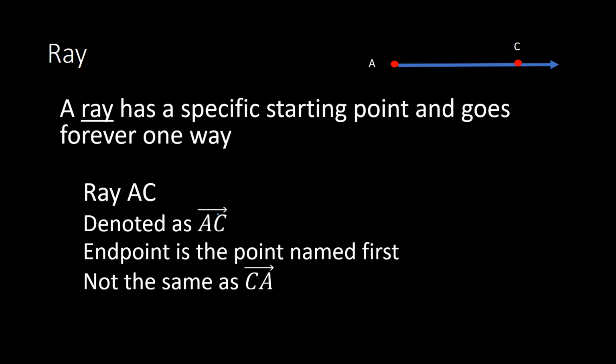Maybe another way of thinking of a ray, if you're struggling with this definition, a ray is basically like half of a line. A line keeps going forever in both directions, whereas a ray just goes in one direction. So whatever way you want to think of this, a ray is another term you need to know.